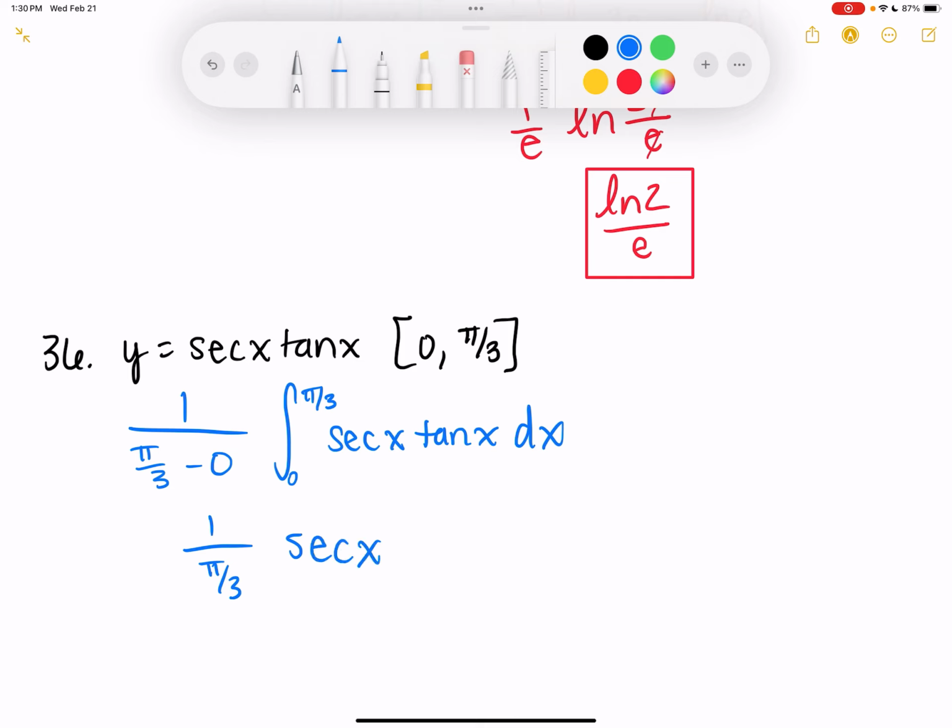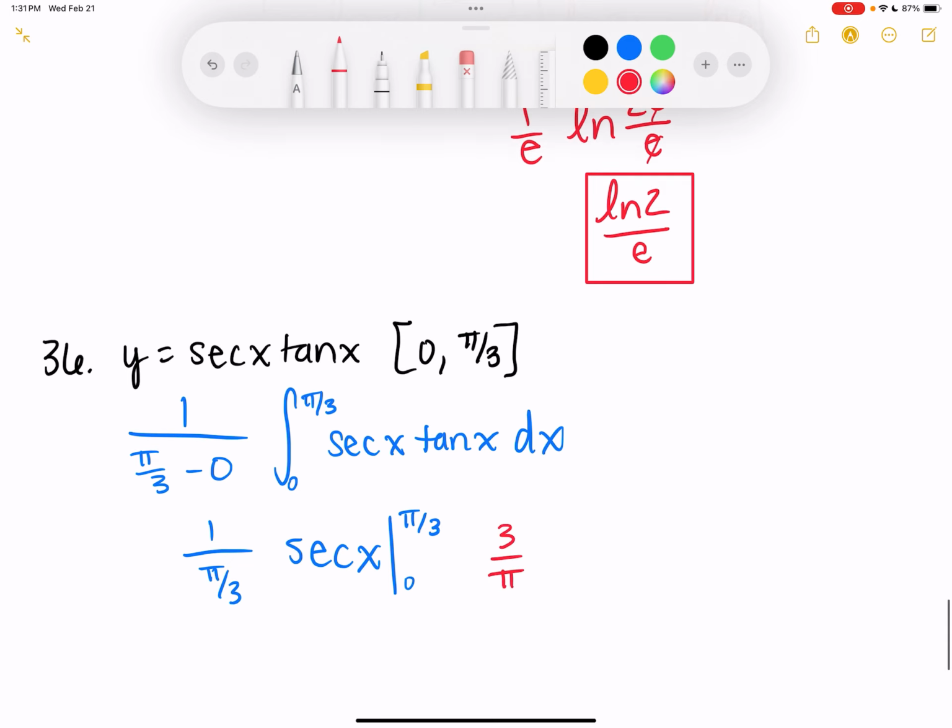Evaluated from 0 to pi over 3. Now, would you agree that 1 over pi over 3 is equal to 3 over pi? So I'm going to rewrite this as 3 over pi, to avoid a fraction in a fraction, times the secant of pi over 3 minus the secant of 0.